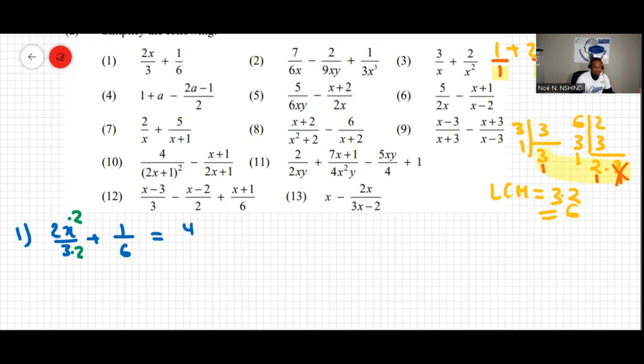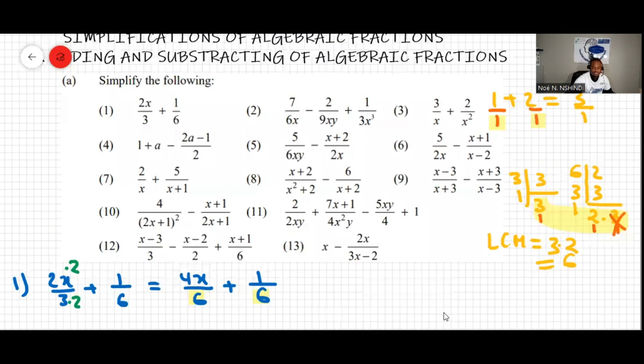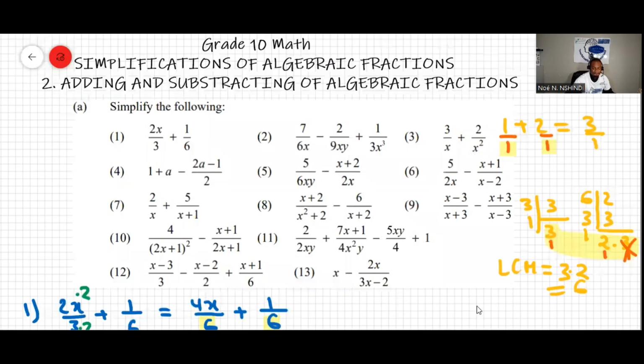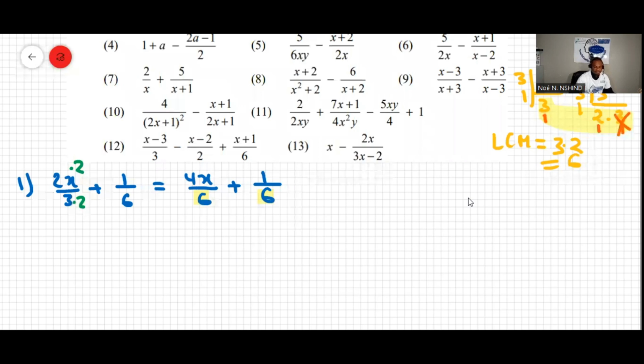And this will be 4x over 6 plus 1 over 6. Now that the denominators are common, we will do as in our example over here. We just add the numerators and use the same denominator. So this will be equal to 4x plus 1 over 6. That's the answer.